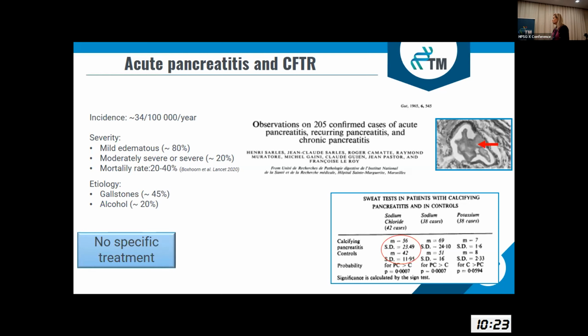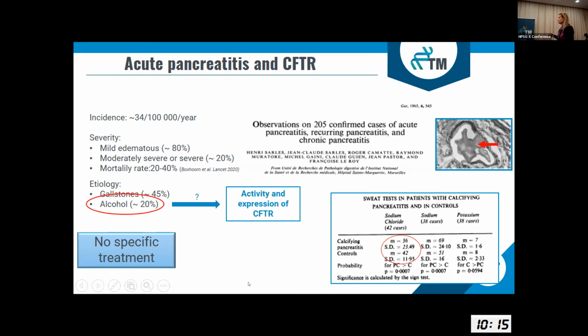In order to confirm this hypothesis, we investigated the effect of alcohol, which is one of the major etiological factors in the development of pancreatitis, on the activity and expression of CFTR. We also investigated whether the CFTR can provide a novel therapeutic option in the treatment of pancreatitis.